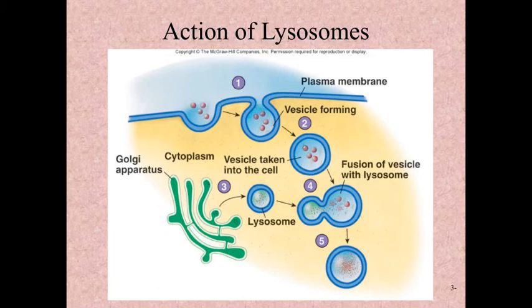And if the cell takes in some kind of vesicle containing a substance from outside the cell, this lysosome will be attracted to the vesicle containing the new substance. The two vesicles will fuse together, and the lysosome's enzymes will digest or break down the components inside of the vesicle that was brought in through endocytosis.